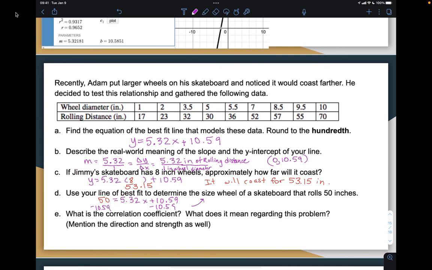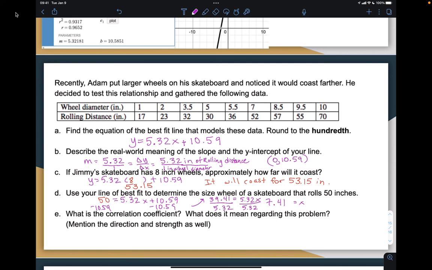And we get 39.41 equals 5.32x. And we divide by 5.32, divide by 5.32, and we get x equals 7.41.